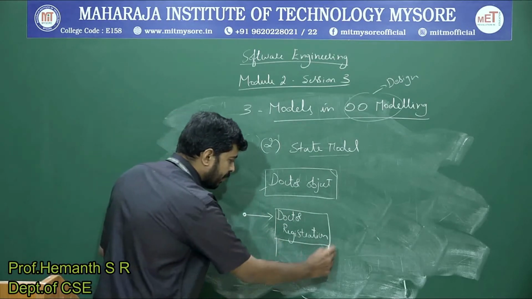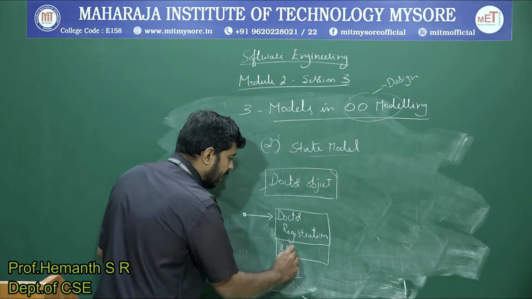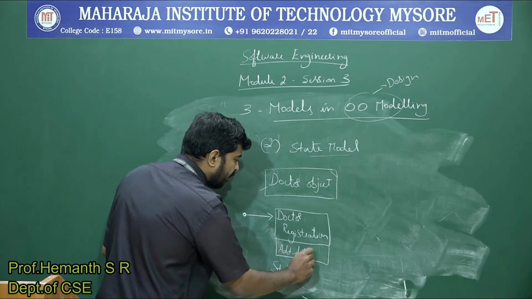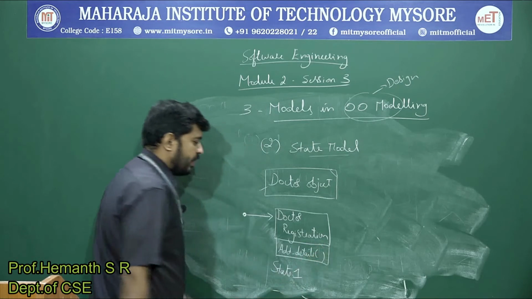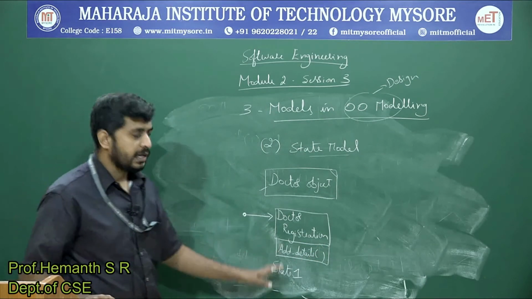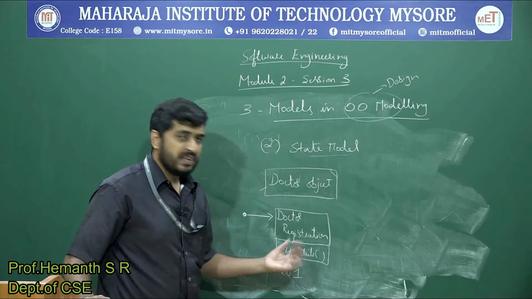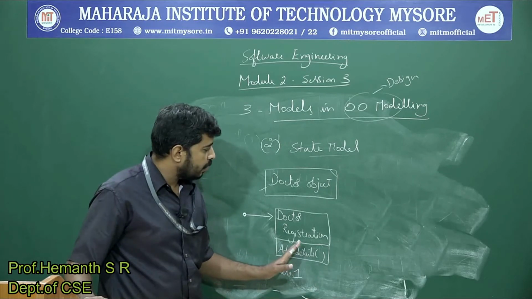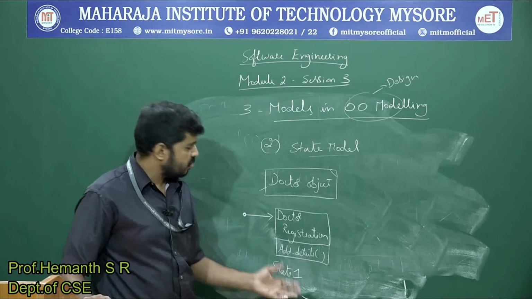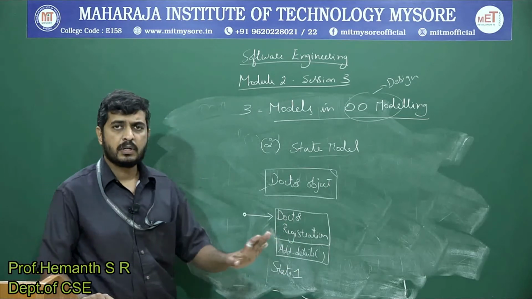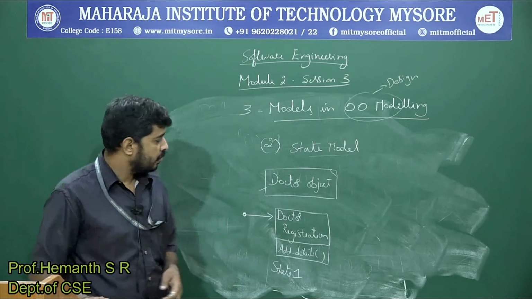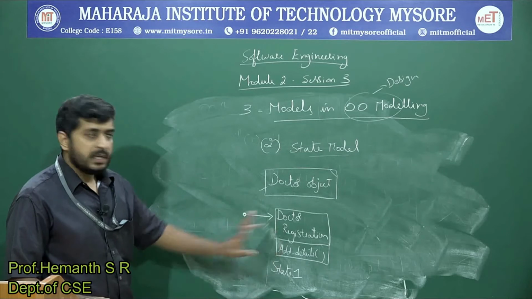How is he doing it? Maybe he is using some functions like add details. So he is providing his information to the hospital, like his name, his previous experience, his identity, PAN card. So all those details he is providing to the hospital management. Okay. This is state 1.